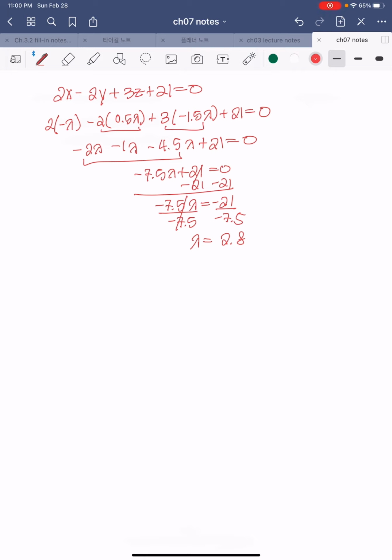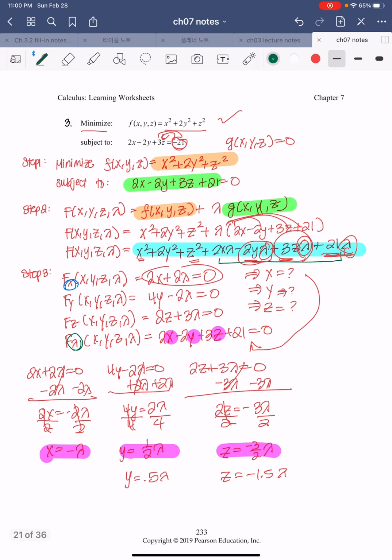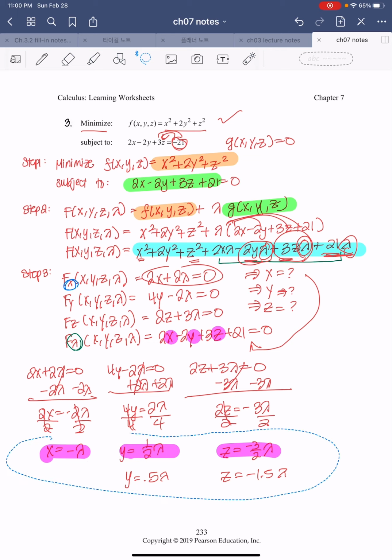Okay, so I know my lambda. So let's go back, and I'm going to copy all this. Remember, I need to plug in lambda to get x, y, z.